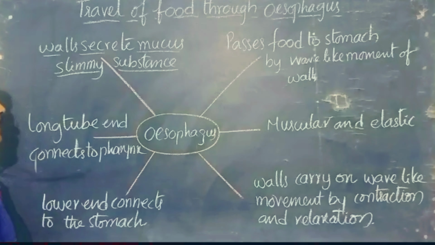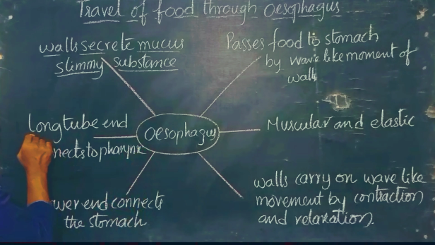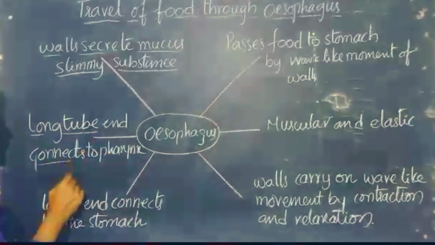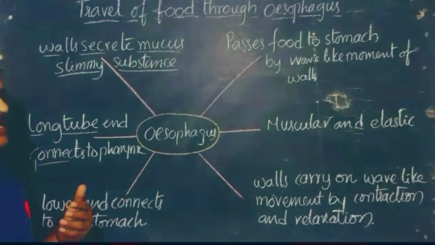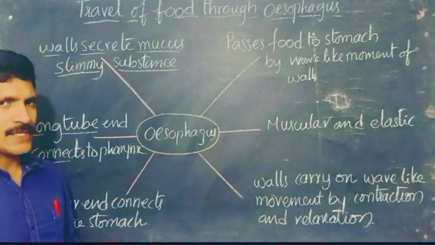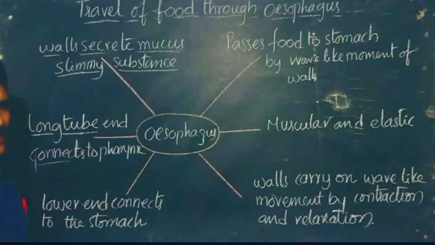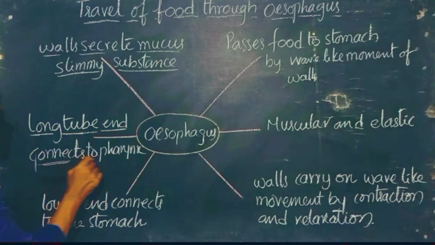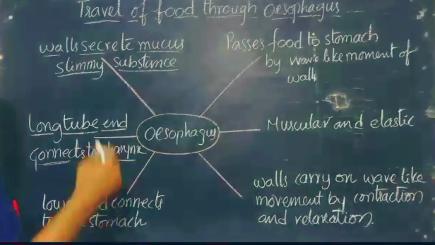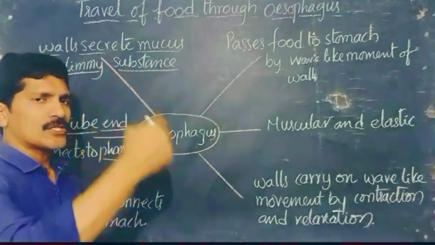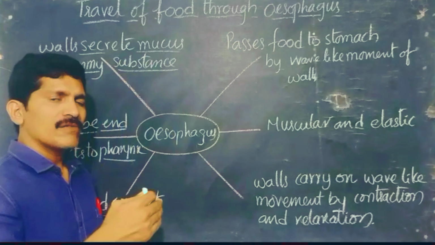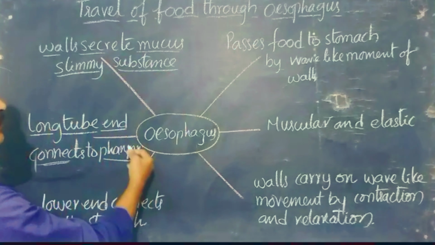Right? And later, it's a long tube. The structure is shown here. What kind of structure is the esophagus? The esophagus is a long tube-like structure, and the top end is connected to the pharynx, where it started.